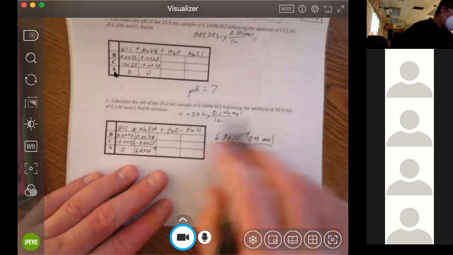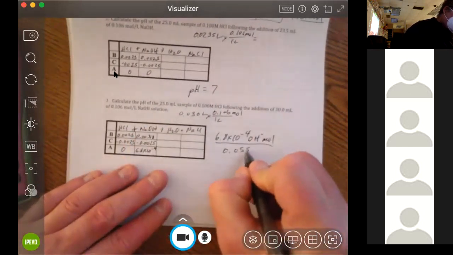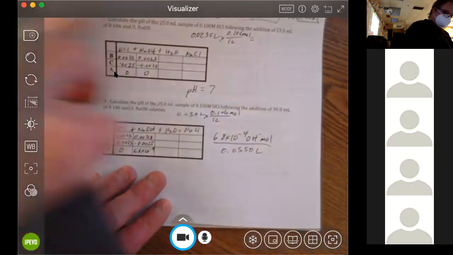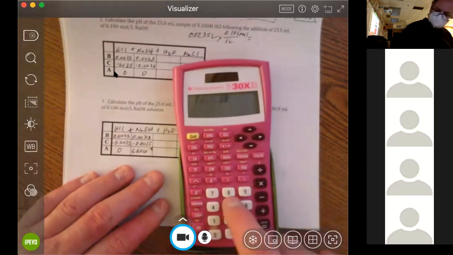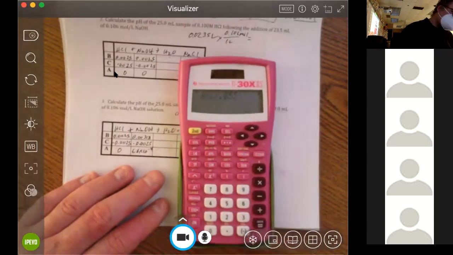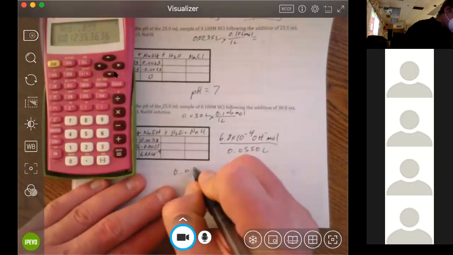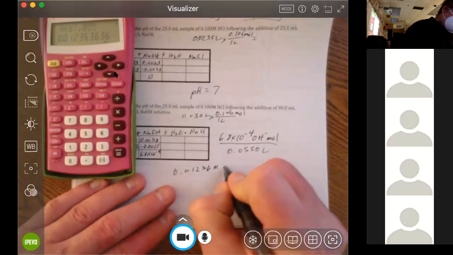So we need to add 30 milliliters and 25 milliliters. So 0.0550 liters. And we get 0.01236 molar OH negative.